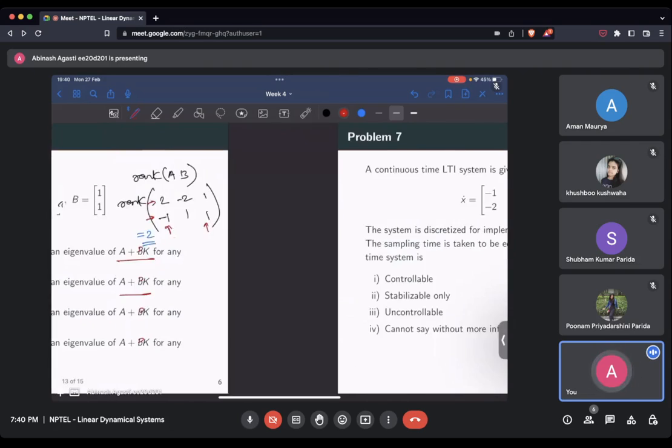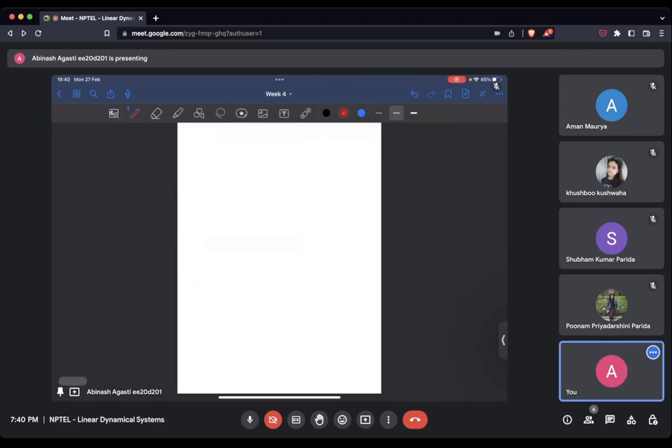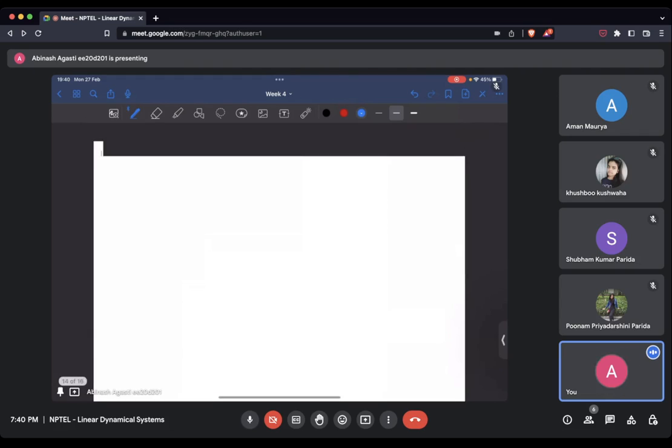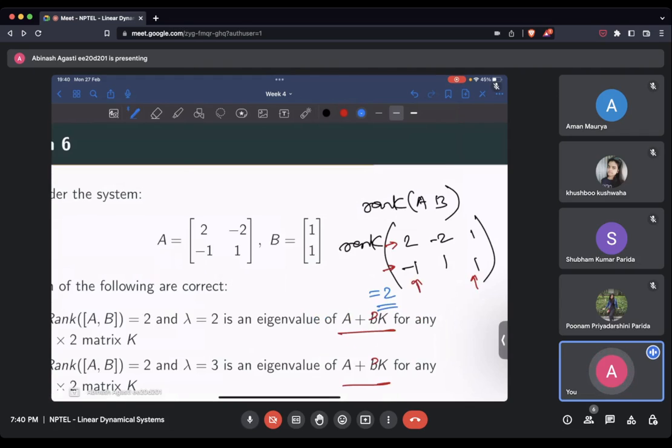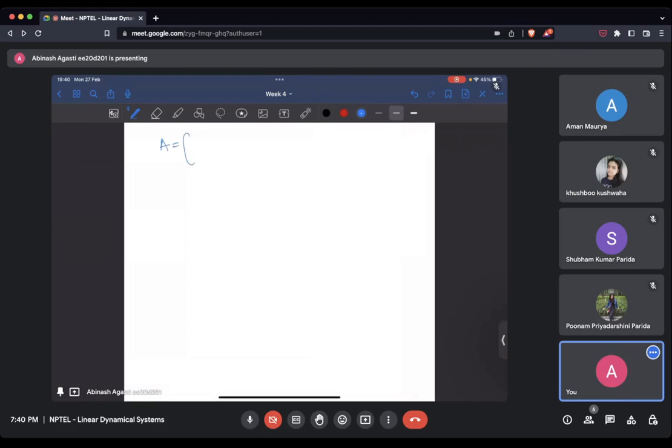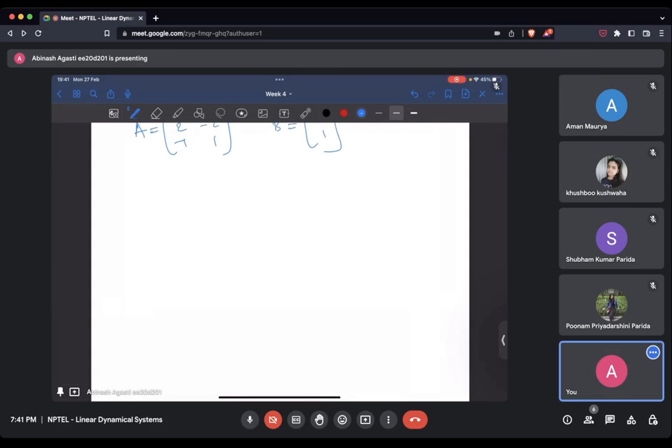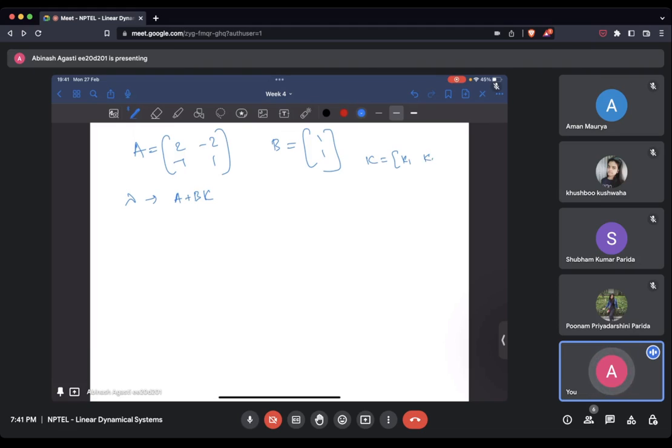Okay, so we have A given by this, and B is 1. So I want to find out the eigenvalue of A plus BK, where K is any general 1 cross 2 matrix.